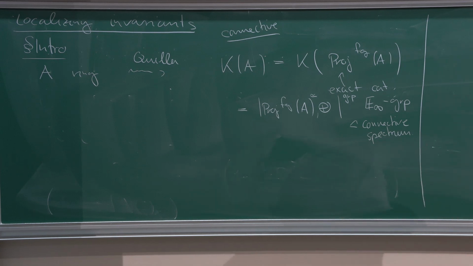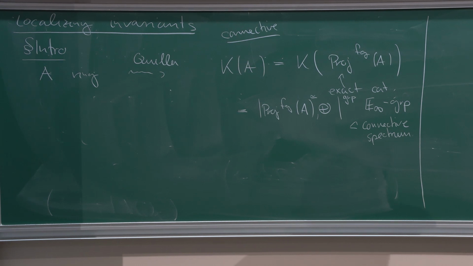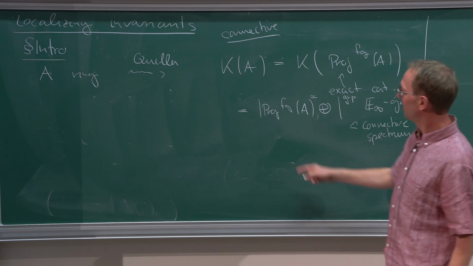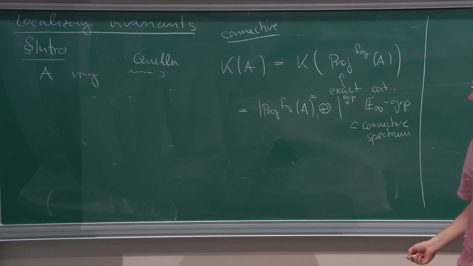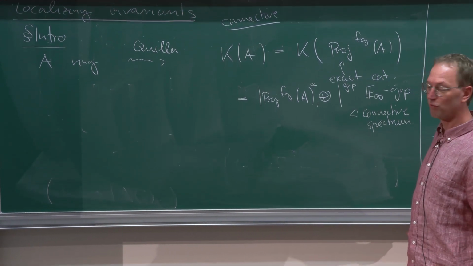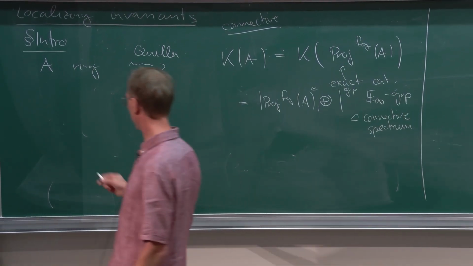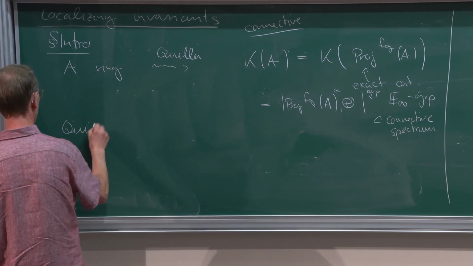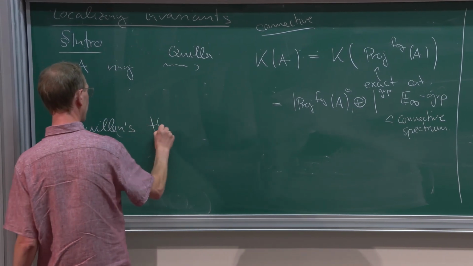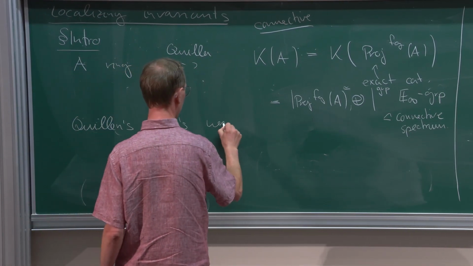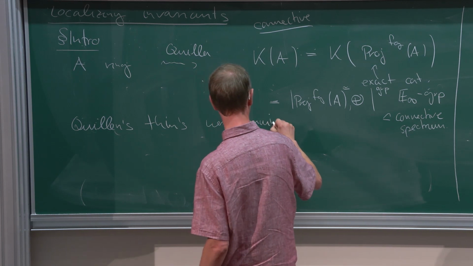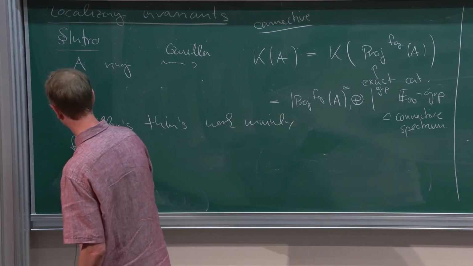Now you want to start computing it, so you need some type of descent statements. For example, if you have an affine Zariski covering of your ring, you maybe want to deduce something about the K-theory of A in terms of these covering things. This is not so easy to prove with this definition. Quillen has some theorems, but Quillen's theorems for these exact categories mainly work for abelian categories.